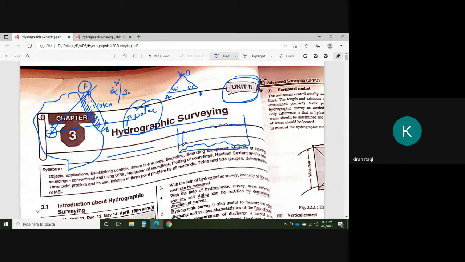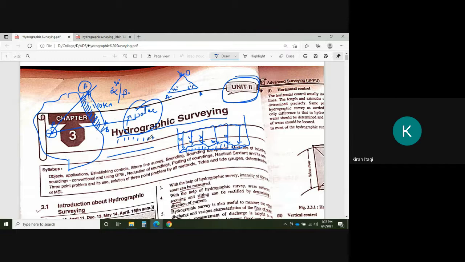I want to determine what the depth is at each standard interval. Sometimes it may be 10 meter, 20 meter, 30 meter, again 10 meter, 10 meter. This will be called a sounding. We have different methods of determining the depth of oceans, seas, etc. All these things we see in the hydrographic survey.